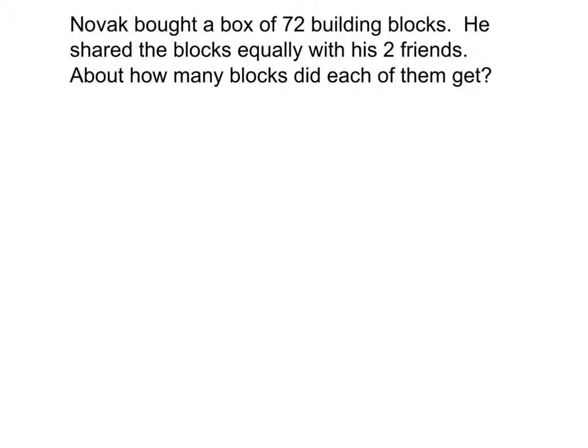So now that we read the problem, we need to understand the problem. We know that there's 72 building blocks, and we know that there are 3 people, Novak and his 2 friends. If we read the problem again, Novak bought a box of 72 building blocks. That means he has 72 total. He shared his blocks equally with 2 friends.